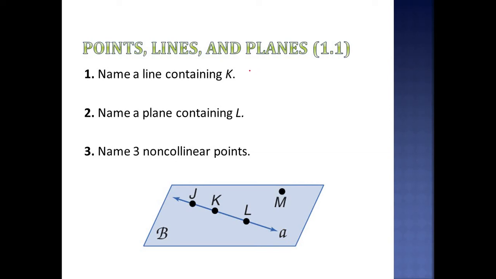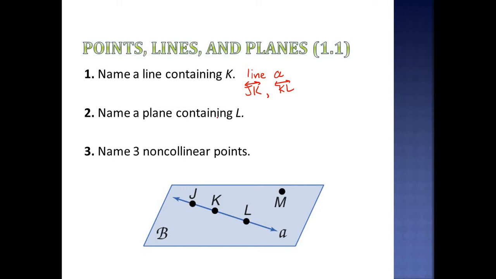So we can name it literally as line A, or we can name it using the points. We could use JK, and we could put the arrow over top of it. We could even go KL, or we can go any other combination that includes K.